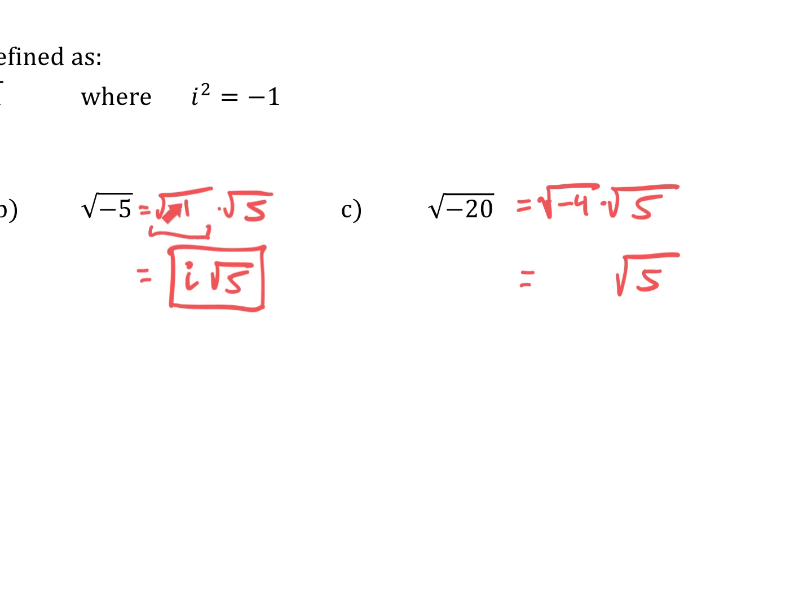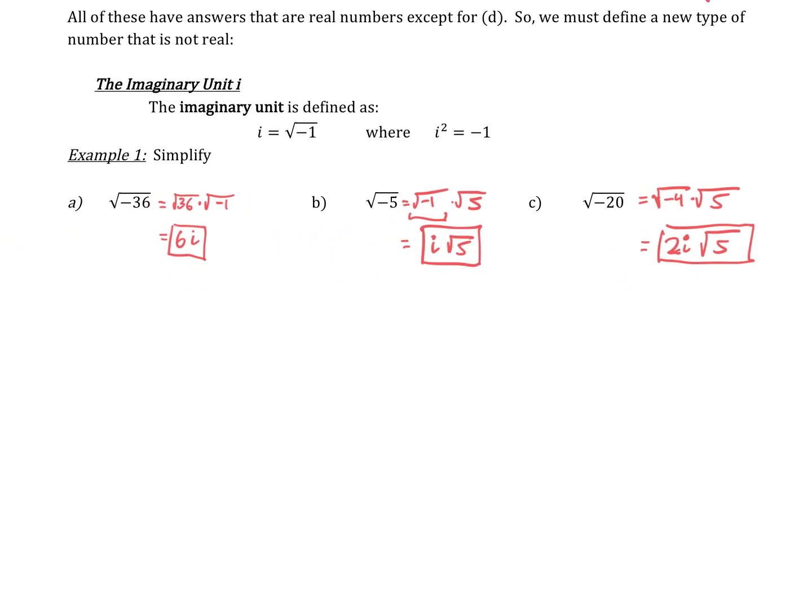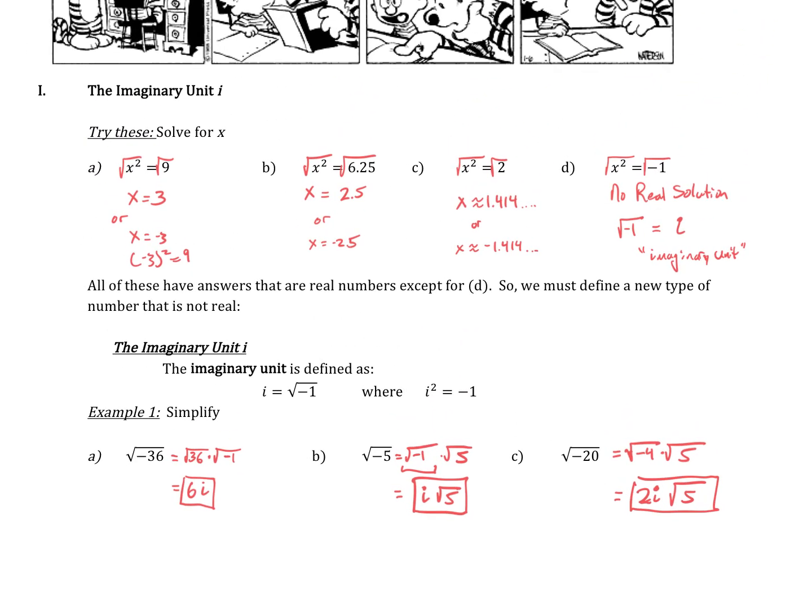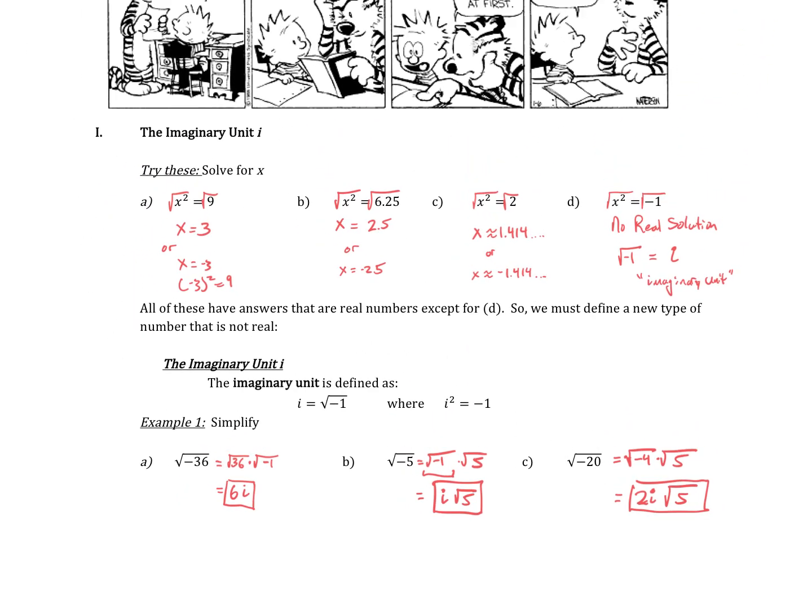We're not going to always break it up like this. Once we see a negative, we can skip that step I just did a minute ago. It's going to be 2i root 5. So anytime we have a negative, we can square root it, and we're going to get an i that comes out. That's the basic idea of using the imaginary unit i.